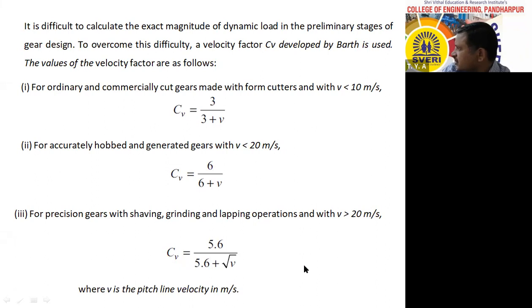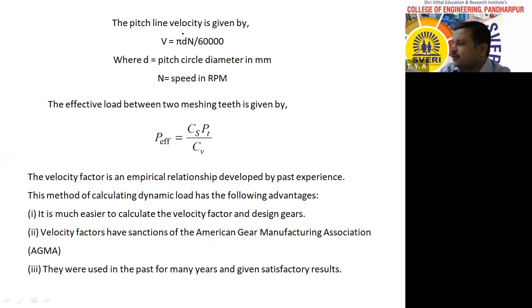I think you have written. Okay, you write down the pitch line velocity is given by v is equal to pi d n divided by 60,000, where small d is equal to pitch circle diameter in mm.